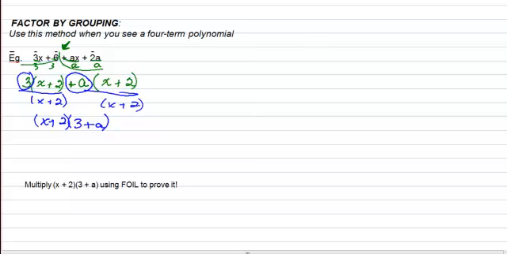Now, this is one of those things that people look at and think it's some magic trick. And it's not really a magic trick. I want you to really go back and FOIL this out so we can see. Here is our factored form, and I'm just going to write it over here so we have a little bit more room.